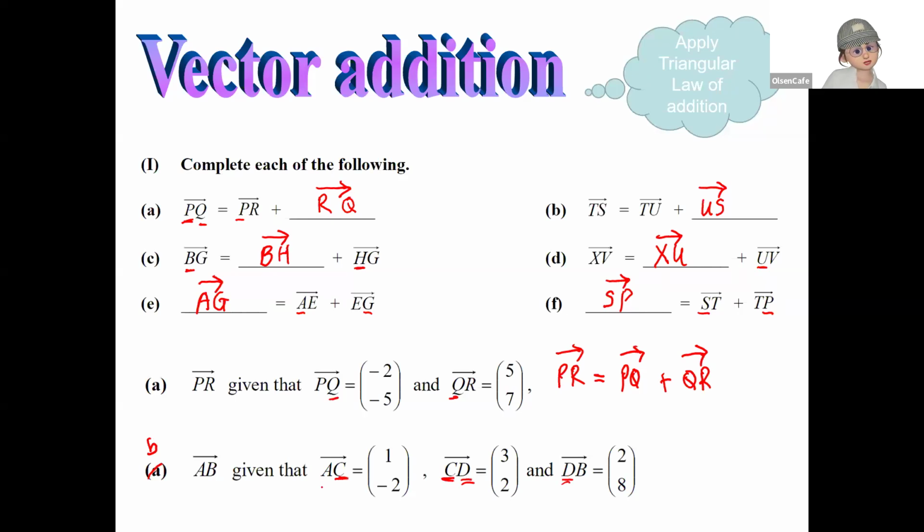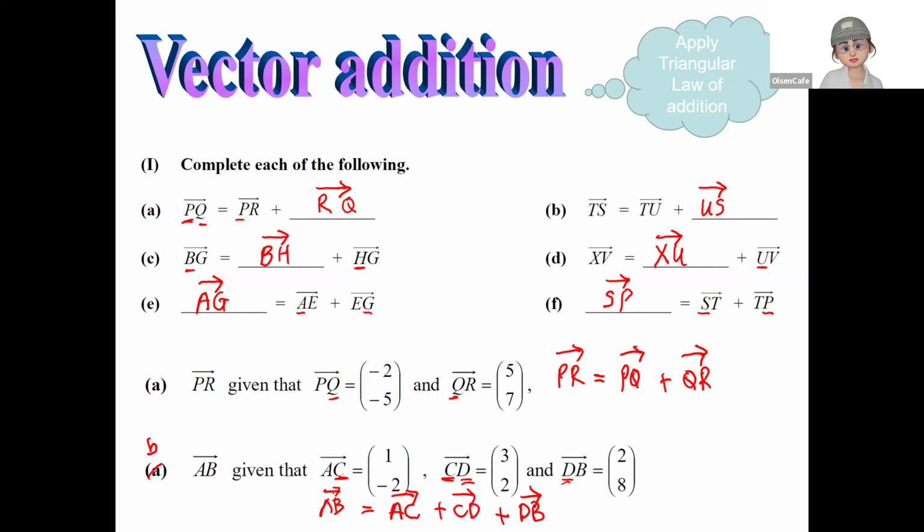Therefore, to find AB, it is simply to sum up AC plus CD plus DB. By putting all three vectors together, I will be able to get the column vector for AB.